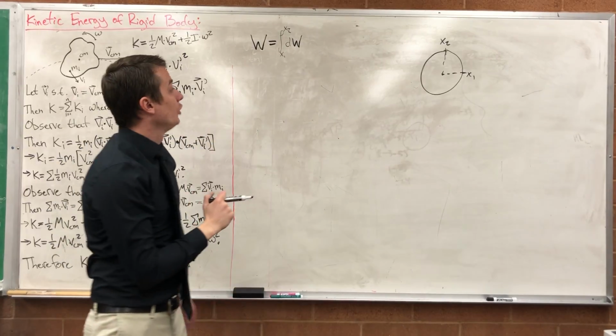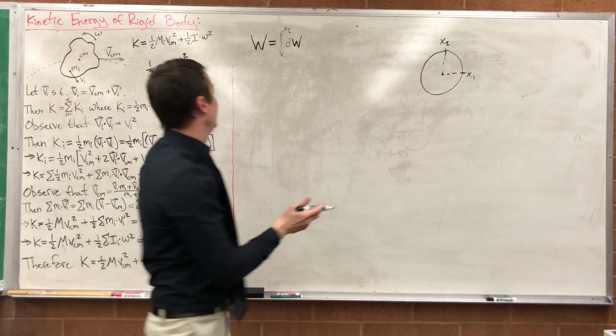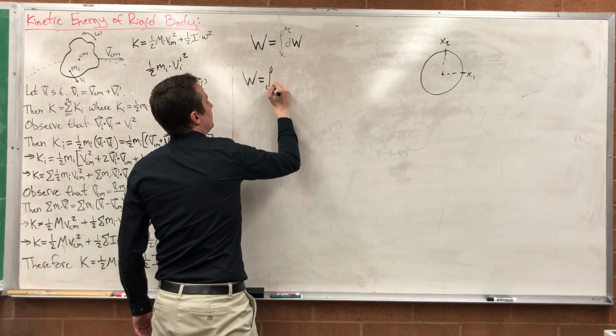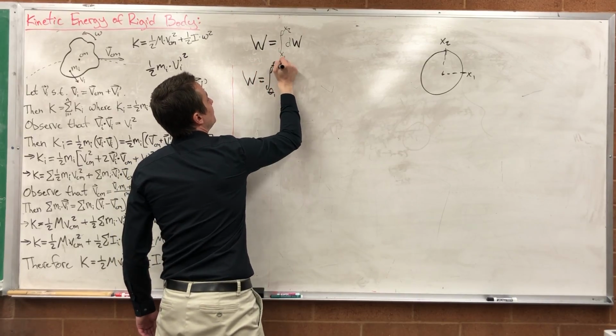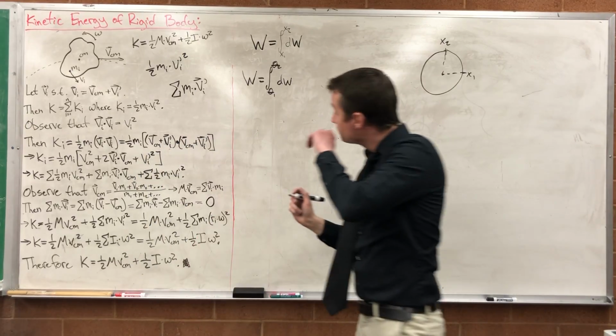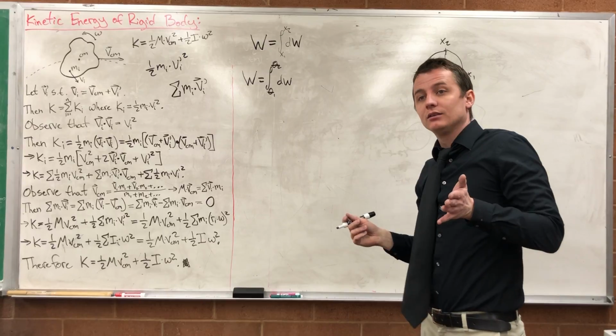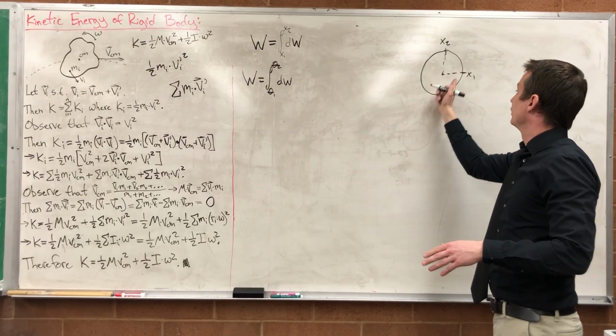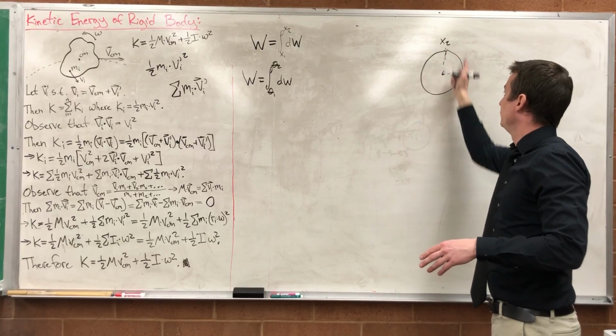Rather than calling that x1 and x2, we can have an associated theta with it, and call it theta 1 and theta 2. And we can still sum up all the little bits of work that we do, and we'll still get the same thing. Now we're just summing up all the little works from this angle to this angle rather than from this point to this point.